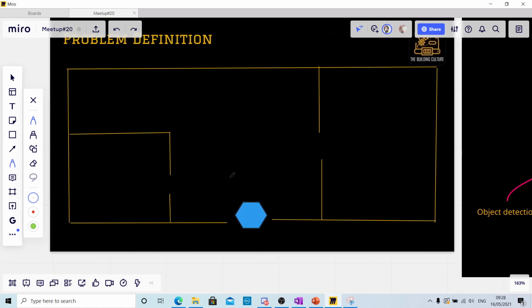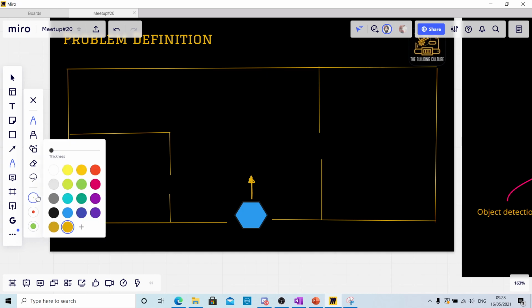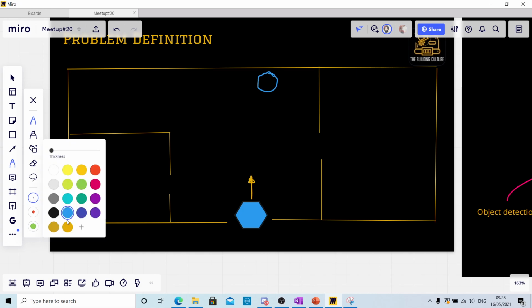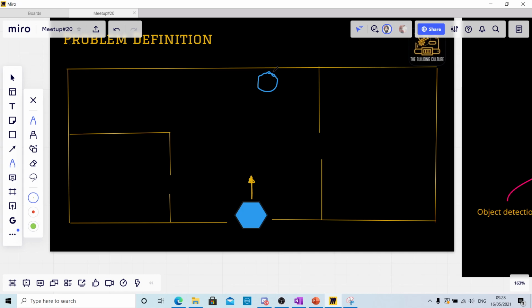We could just define a simple rule that the robot always goes to the front, and whenever there is a collision with some wall or obstacle, then maybe it rotates to a specific position. So maybe the robot is somewhere like this, and it collides here, and then we define a predefined angle so that on all collisions it diverts to a specific direction.